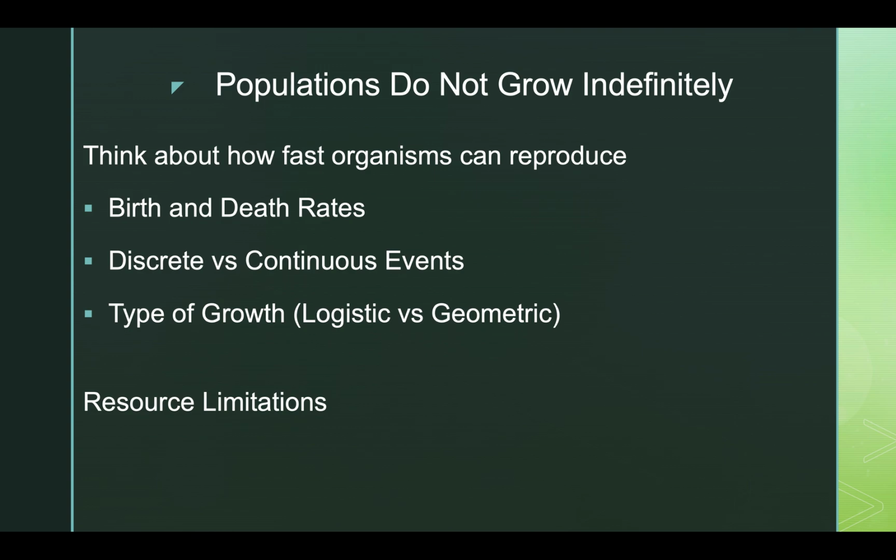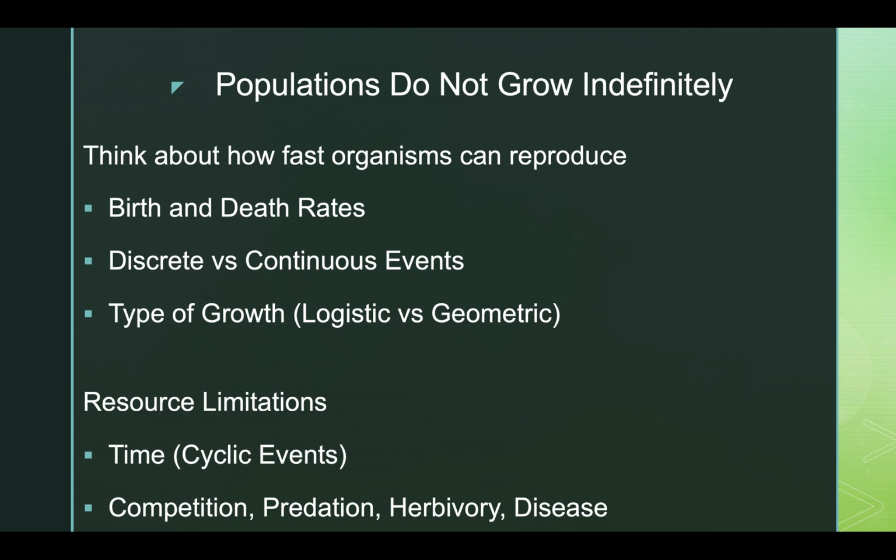So a lot of times in ecology, when we talk about how organisms live within their ecosystem, we are really interested in what the resource limitations within that habitat are that would ultimately control the population growth of those animals, right? Some of the things we think about when it comes to resource limitations are things that happen over time.